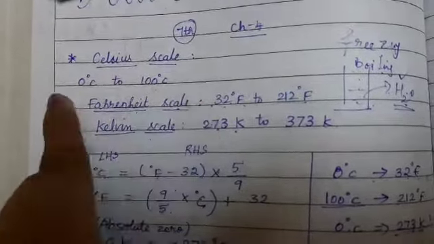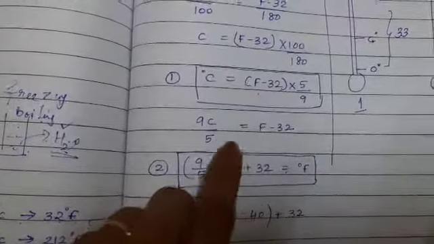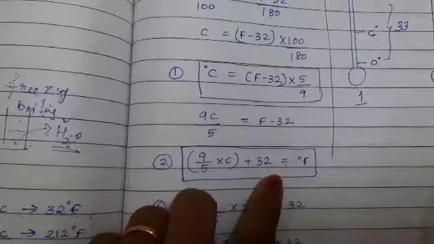Okay, so now from this formula, if I want Fahrenheit as the unknown, I can make changes in the formula itself. That is what I have done here. This 5 by 9 will go towards the left hand side. So it will become 9 by 5 into degree Celsius, that is equal to F minus 32. Minus 32 when it goes this side will become plus 32.